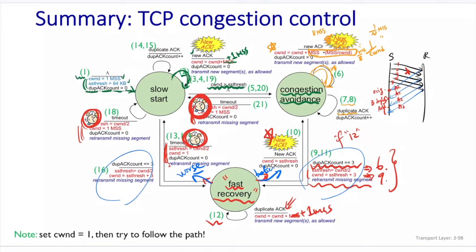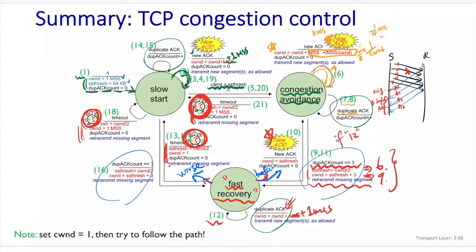Okay? And at any state, if you find a duplicate ACK, you simply count it to see if 3 duplicate ACKs will be monitored. Okay? And that is the TCP congestion control mechanism that we can use a finite state machine to describe. Make sure you follow all the steps, okay?